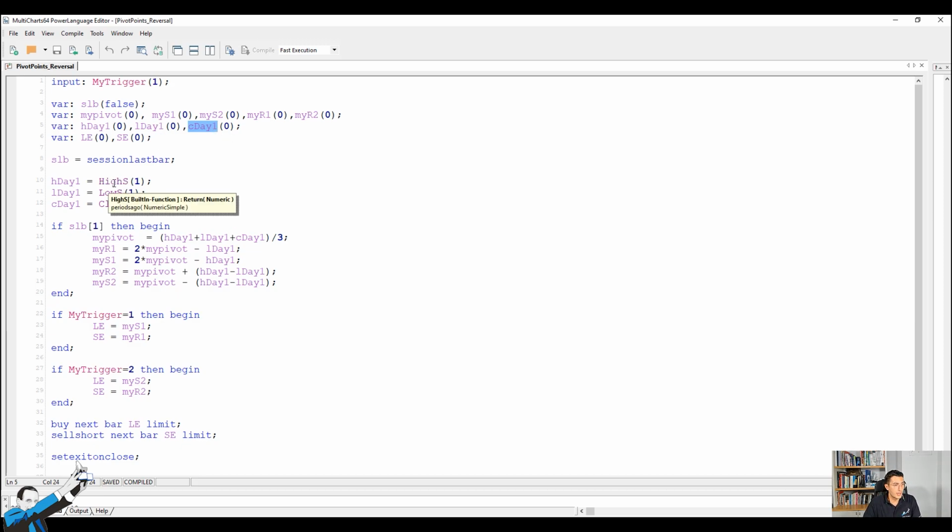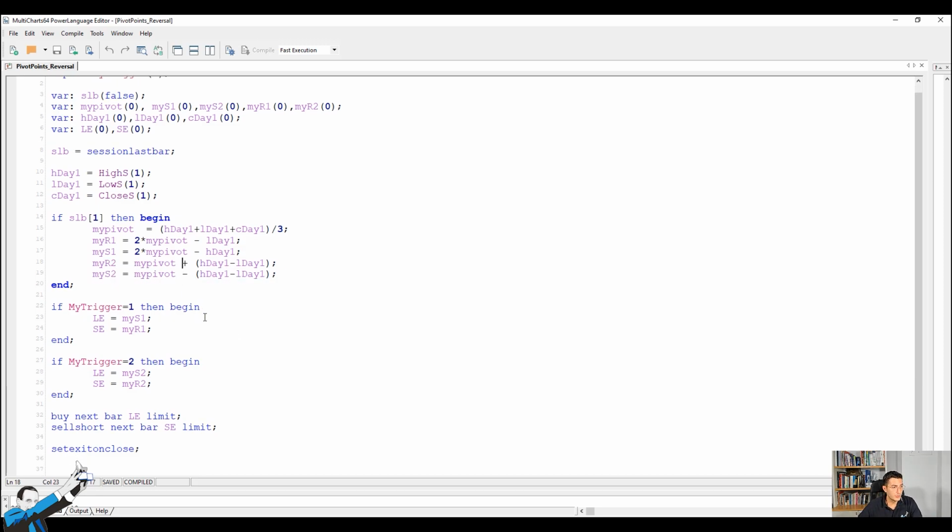We will equalize this variable to a function that identifies the levels that we need, so the high, low, and the close of the day before. The number in the parentheses means how many days back we want to find the level. And here we just replaced the formula that we saw before: my pivot, my resistance number 1, my support number 1, my resistance number 2, and my support number 2.